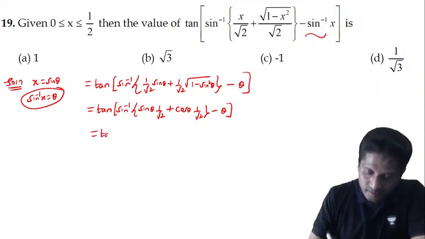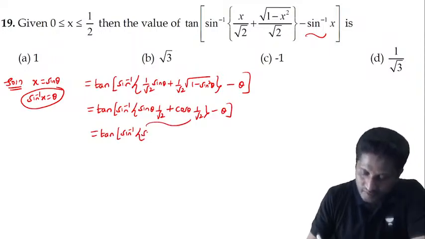Can be written as tan of sine inverse of sin A cos B plus cos A sin B. I can bring it to the form sin theta into cos pi by 4, plus cos theta into sin pi by 4, minus theta.